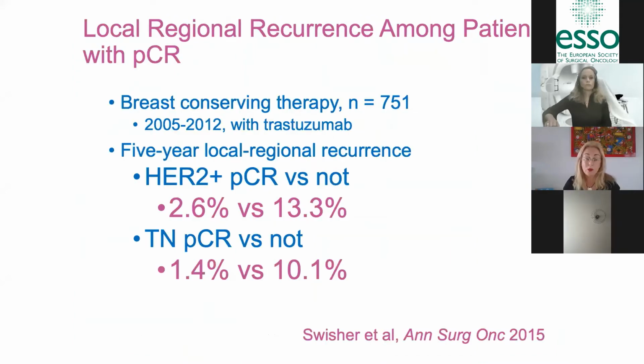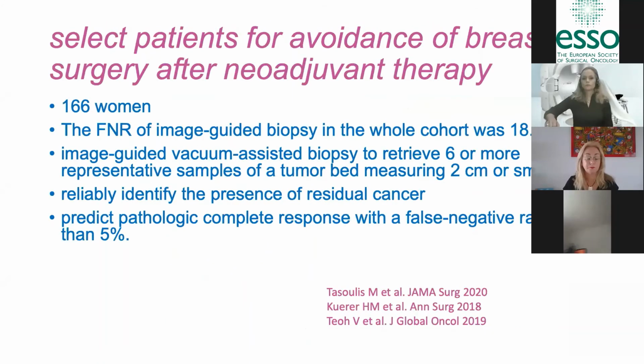And we already know that those patients who have a pathologic complete response, mainly in the HER2 positive group, have much lower 5-year locoregional recurrences than if the patient does not have a complete response. So we already know from many studies that pathologic complete response is a prognostic factor in these patients.